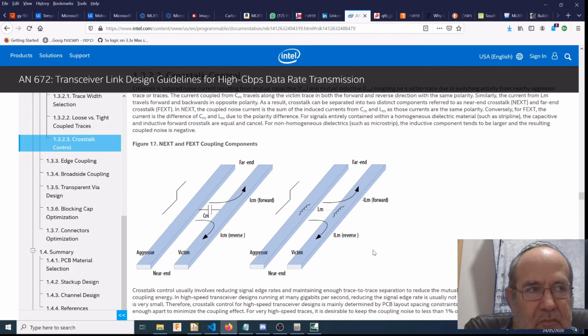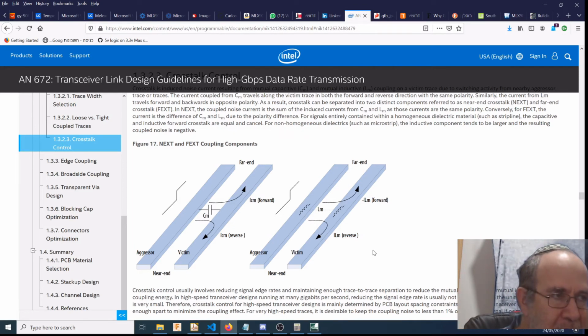Any two parallel lines, any two wires that go together for an extended length, will be coupled between your active line and your passive line.